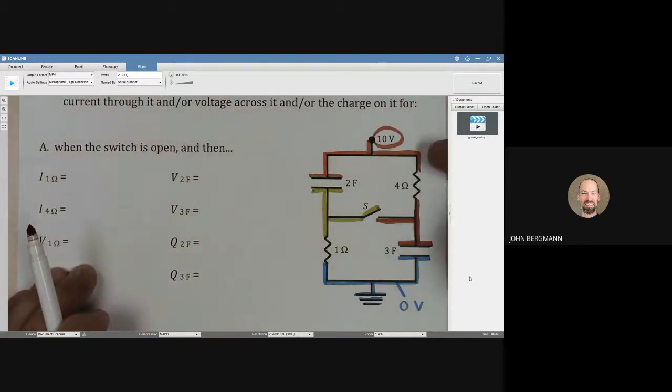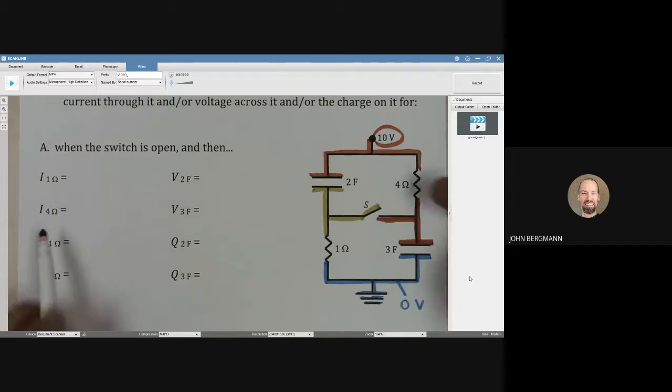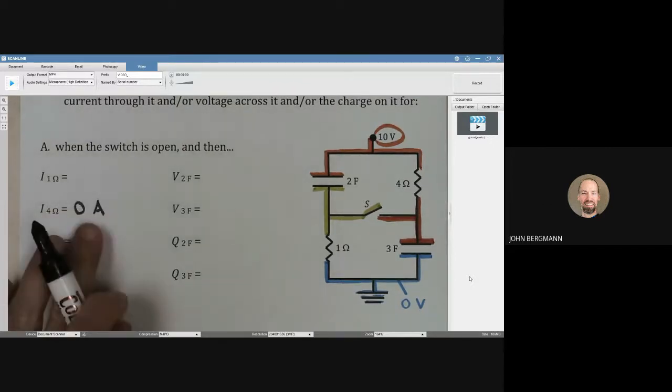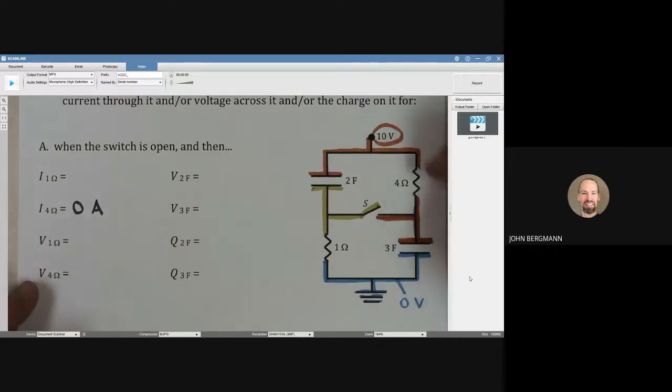Now, here's the thing. If there's no current through the 4 ohm resistor, which there isn't, let's put that in. If there's no current, then there can't be any potential difference across it. So this whole upper right portion of the circuit is charged up to a potential of 10 volts.